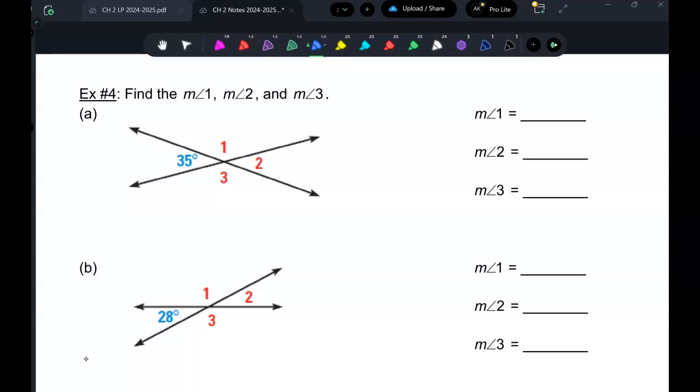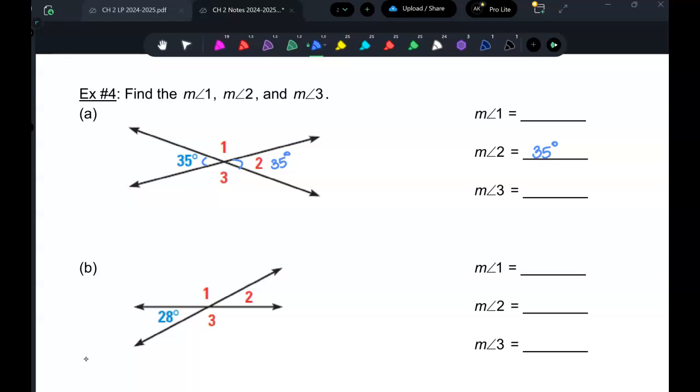If this is 35, what other angle is 35? Angle 2. So this is 35 degrees because these two are congruent. Now we need to look at linear pairs. Angle 1 is a linear pair to 35, and so is angle 3. Let's go with angle 1.